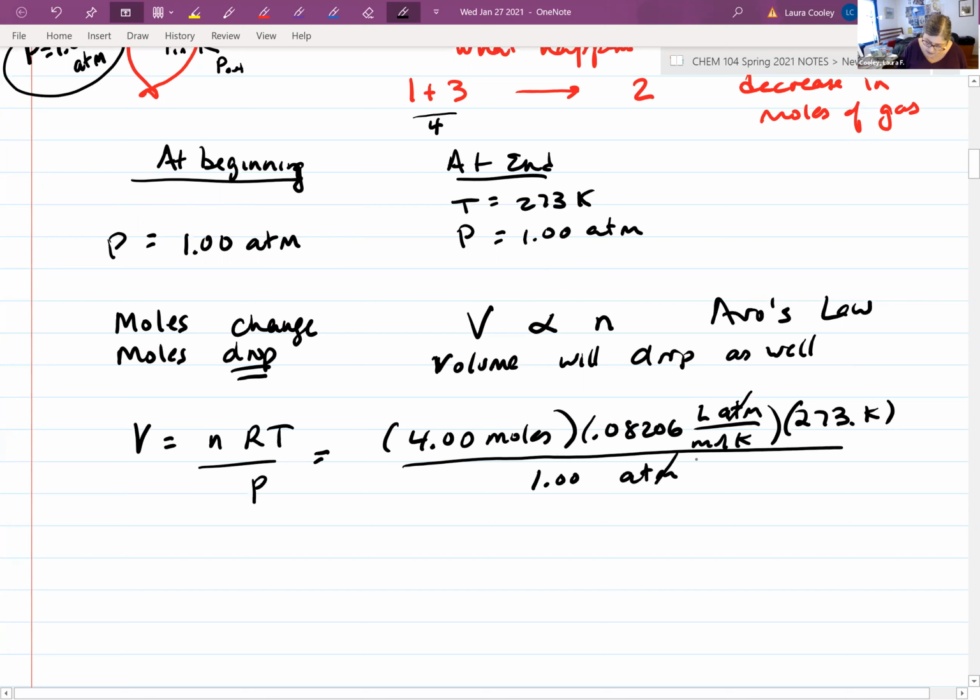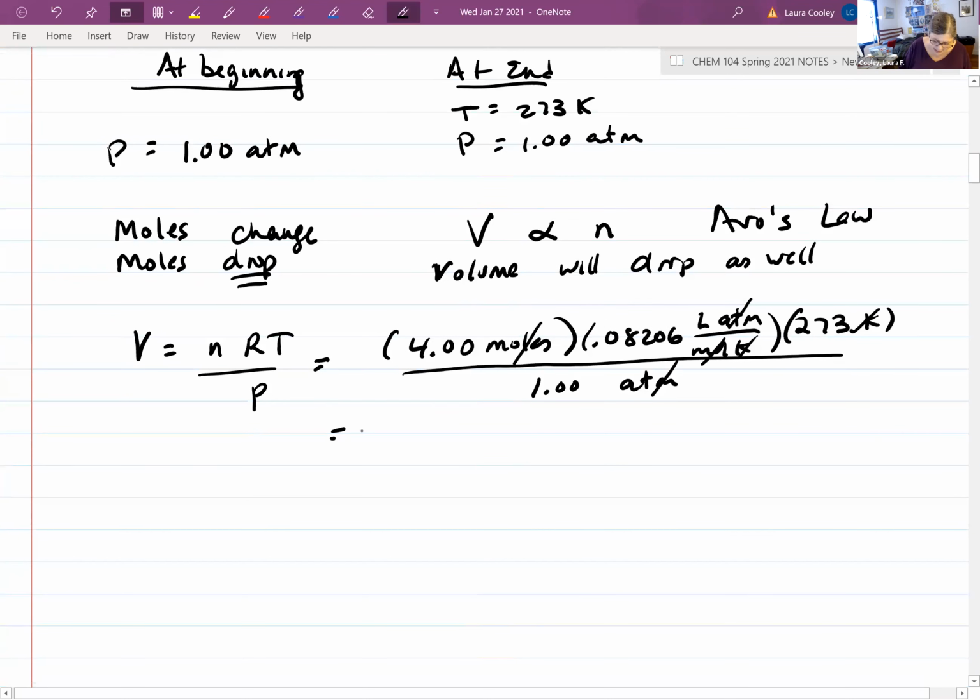And let's see, atmospheres, Kelvin. You don't have to do this all the time, but you see we end up with liters, and we get 89.6 liters. So that's the initial volume. What about the final volume?